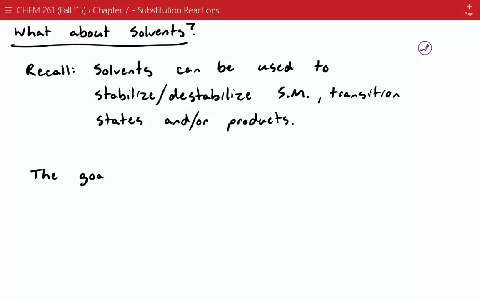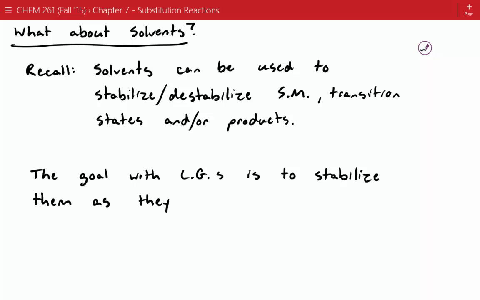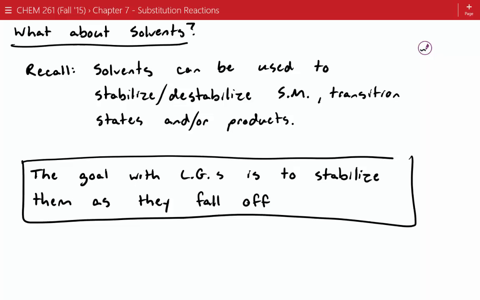So the goal with leaving groups is to stabilize them as they fall off. So let's think about that.